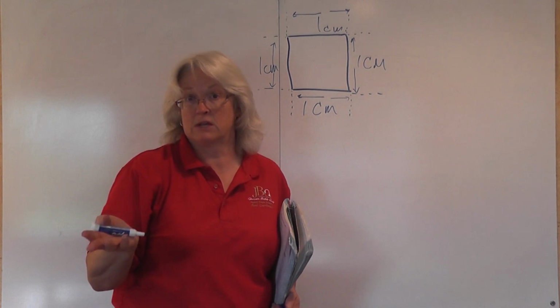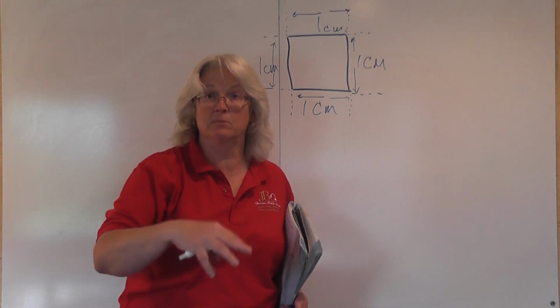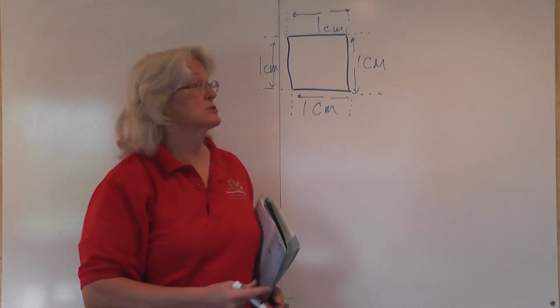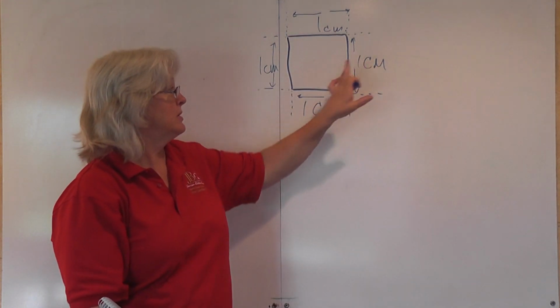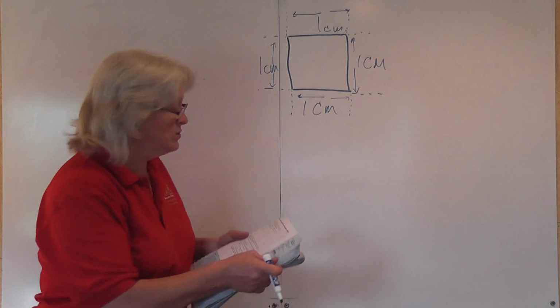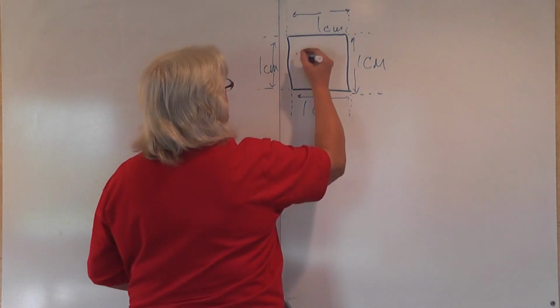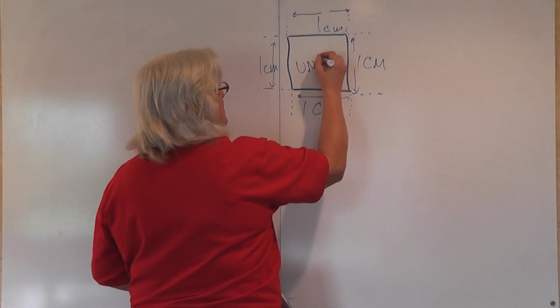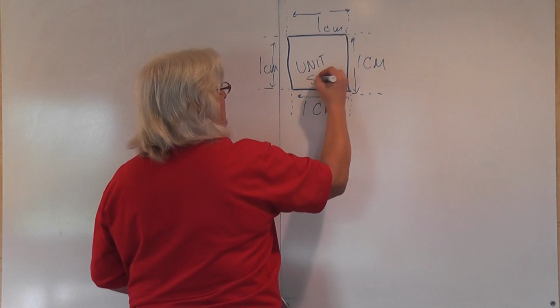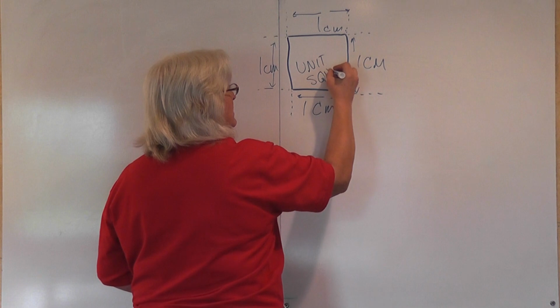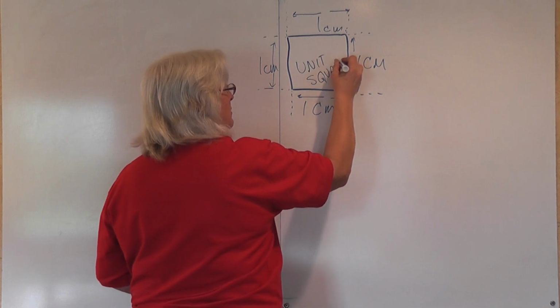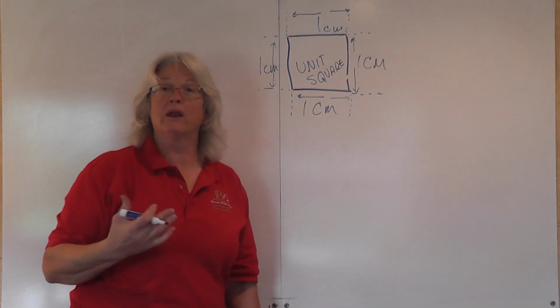Units, like I said, centimeters, inches, millimeters, decimeters, micrometers. When it's 1 on each side, that's called a unit square. And we use the idea of a unit square when we're defining what area is.